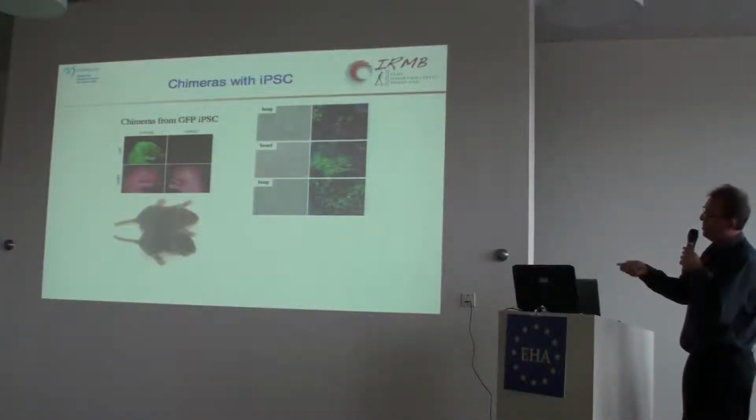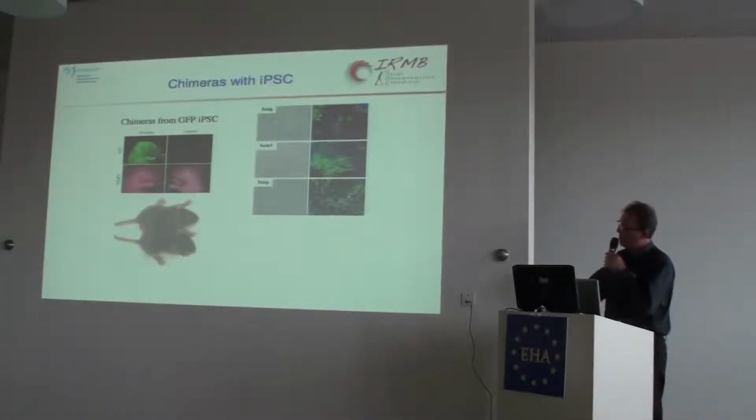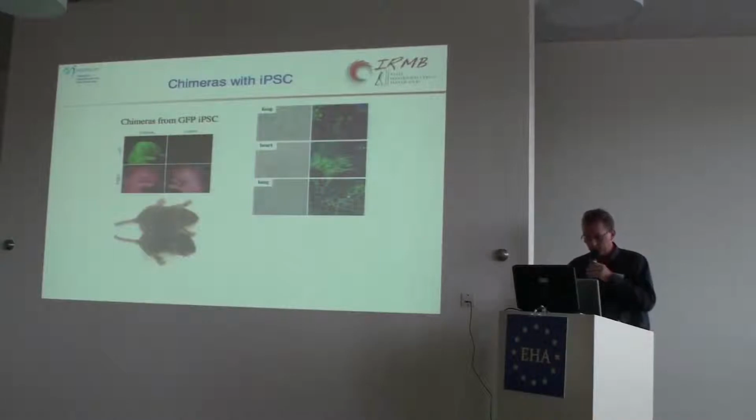As you know, if you inject iPS cells into mouse blastocysts, you can produce a chimera. And as you can see, you have chimerism for many different tissues.